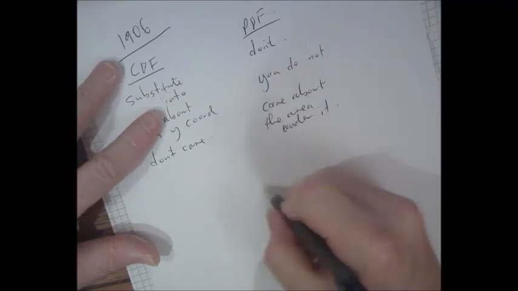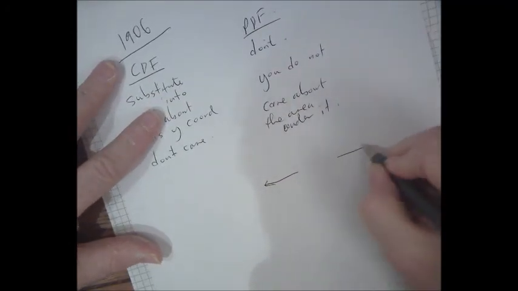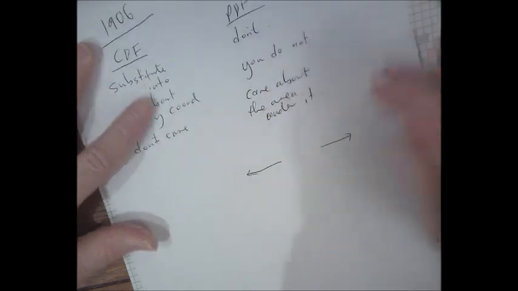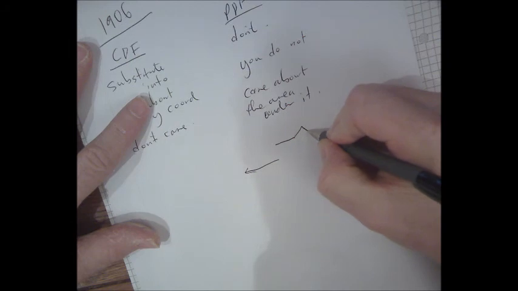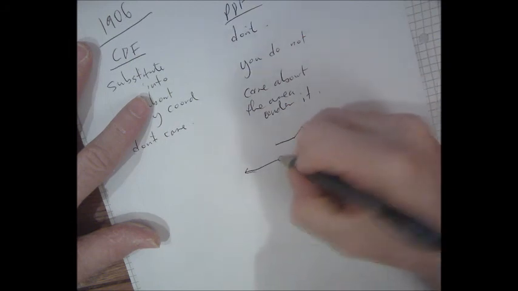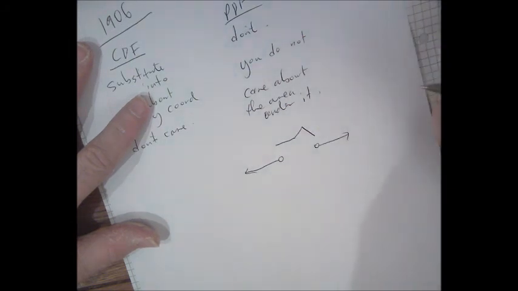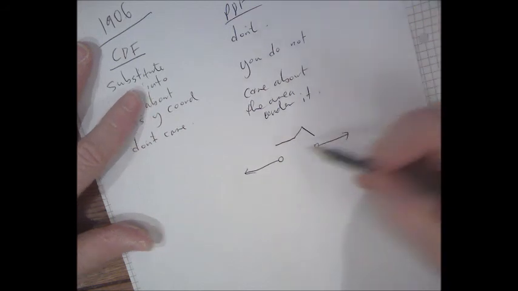A PDF is 0 to the left and 0 to the right, except for the famous normal distribution. And it can do whatever it likes in between, as long as it doesn't cross below the x-axis and as long as the area underneath it is 1.